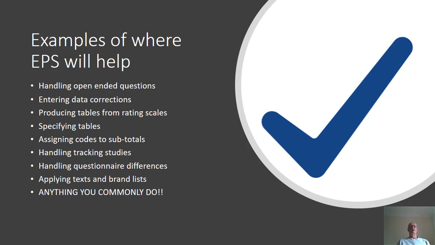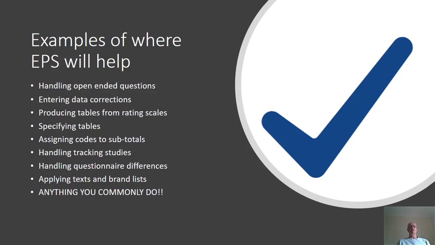So you've got to tell MRDCL perhaps that question 1 is in field 20 at the first wave, but in field 25 at the second, and field 50 at the third wave. Or perhaps it's not in the fourth wave at all, and you need some way of noting that so that tables are automatically filtered. So tracking study questionnaires can be handled very well using EPS, and you can handle any questionnaire differences by some sort of spreadsheet method.